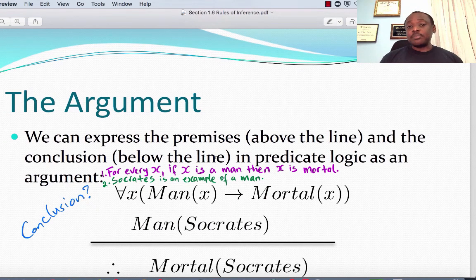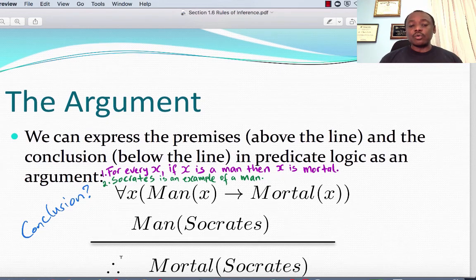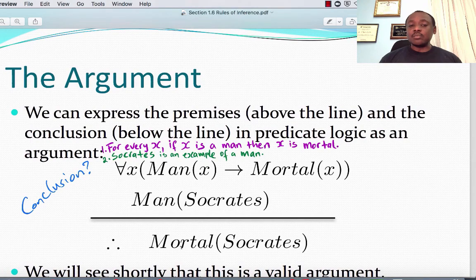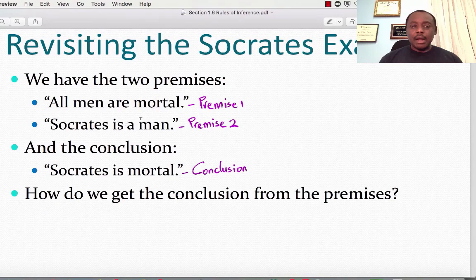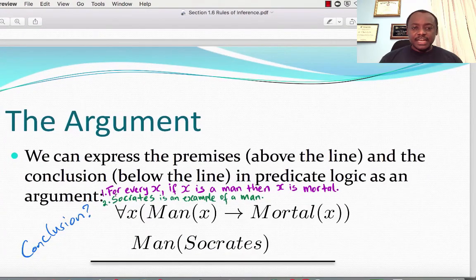We can express the premises from the example and the conclusion in predicate logic as follows. For every x, if x is a man, then x is mortal. Number 2, Socrates is a man. Therefore, the conclusion would be Socrates is mortal. So, the very first statement, all men are mortal, we translate as for every x, if x is a man, then x is mortal.